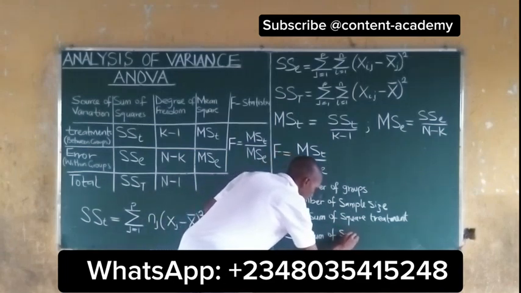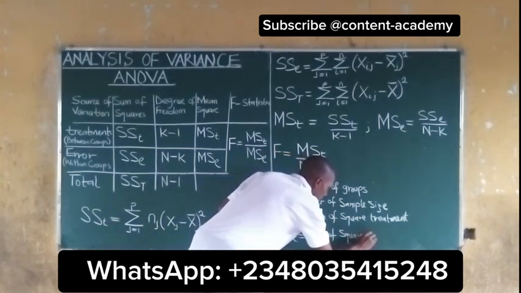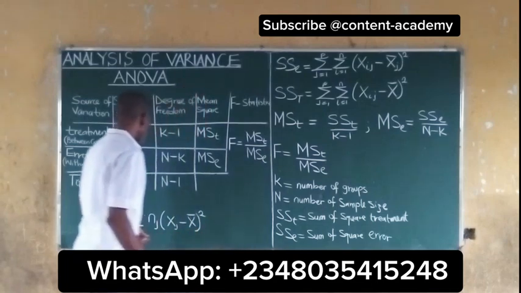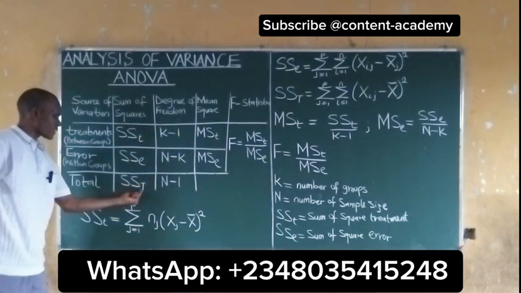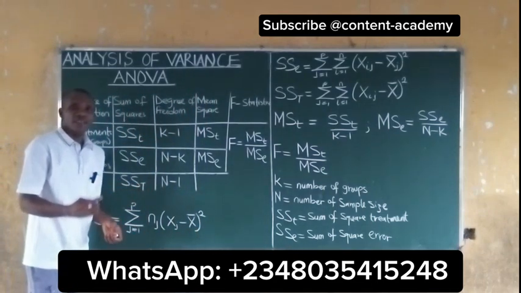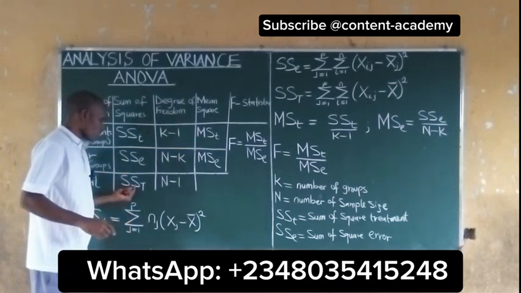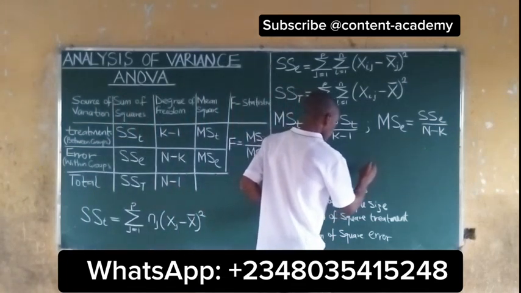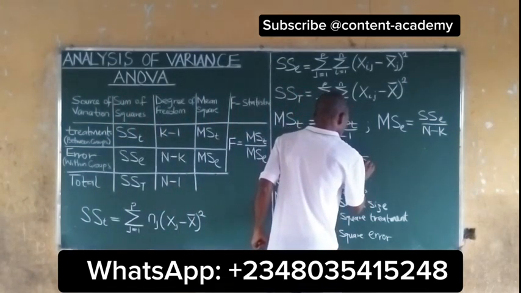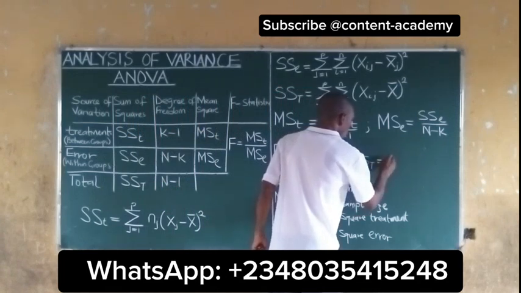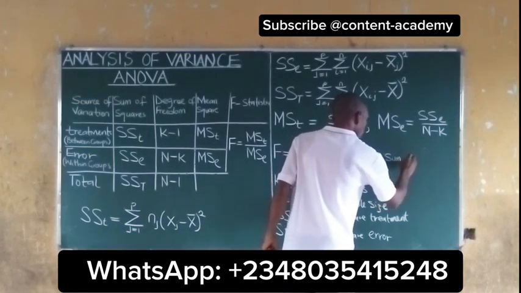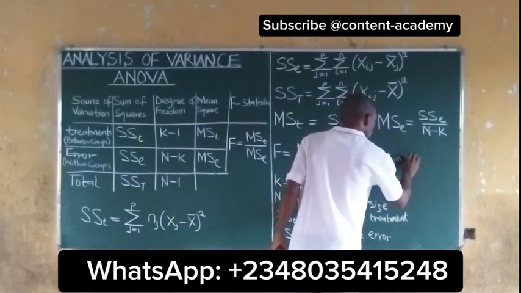Sum of square error. How about SST? SST means sum of square total. So we can write it here. SST equals sum of square total.